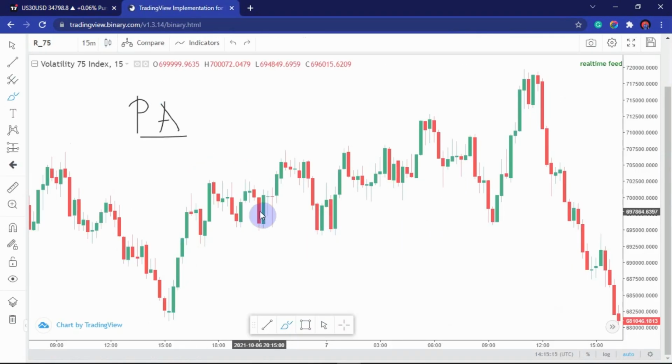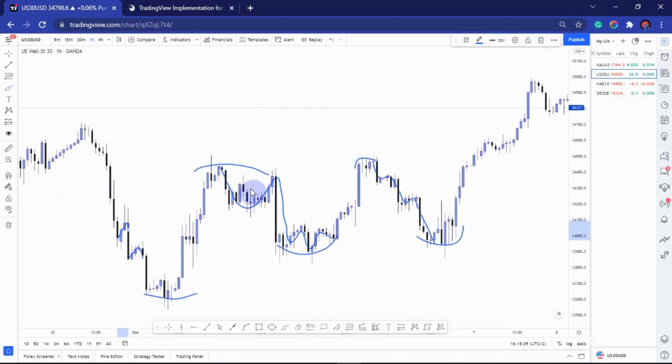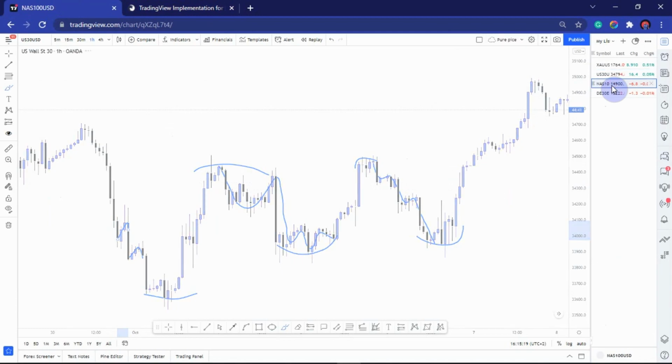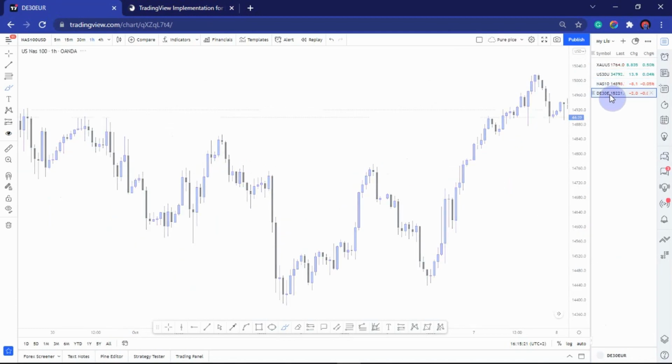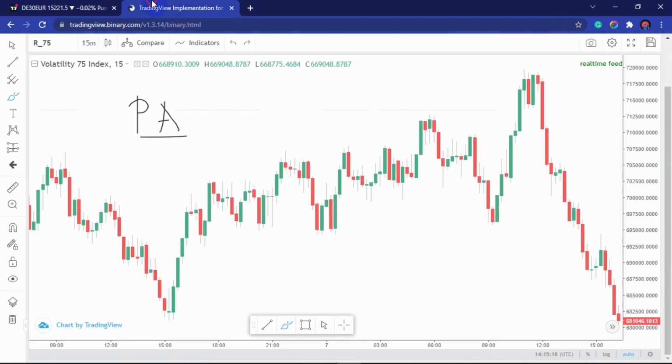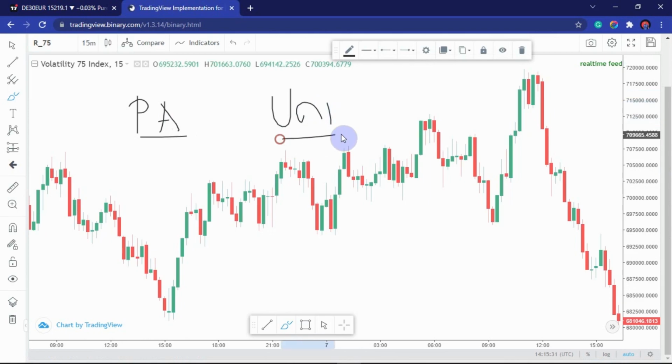So what you should know as a trader is that when you trade a market, even when you're trading US 30, Nasdaq, or DAX 30, your main focus as a trader is to identify uniqueness. How is this market unique from what you know?